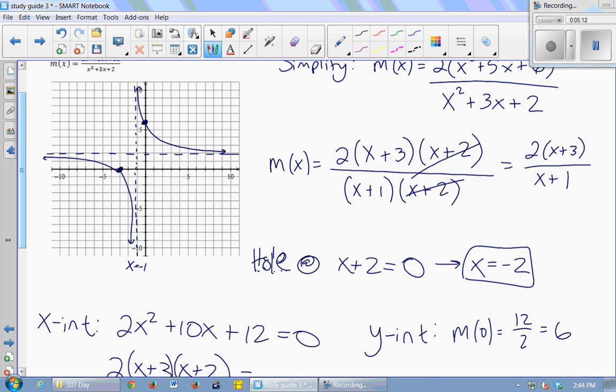So at -2, I shouldn't have any line there. It should be a hole. Let's see if I can make that a little bit better. Hole at -2. There we go. So that's a good sketch of our rational function.